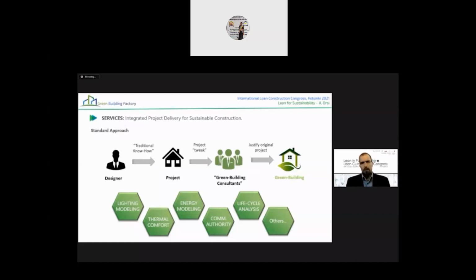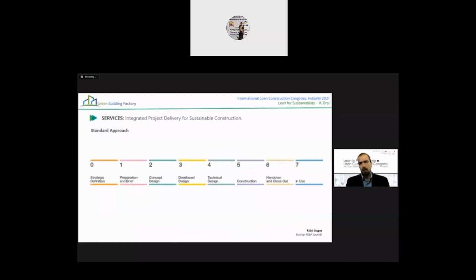The problem is that throughout the project development process, which I summarized using the RIBA stages, from the initial idea to concept design, technical design, construction, and use, these services are called in at very punctual times, and they are generally provided by different suppliers. So you may have one supplier doing the energy modeling and thermal comfort, another the commissioning authority, another the lighting, etc.